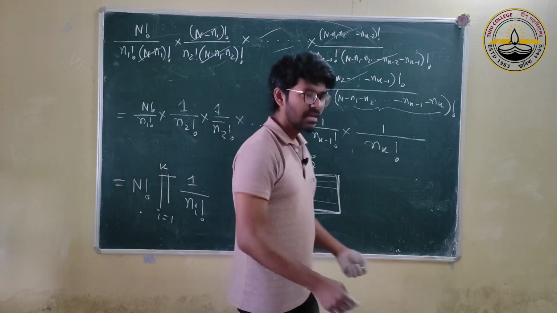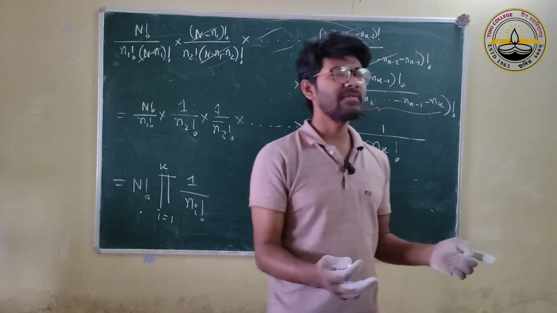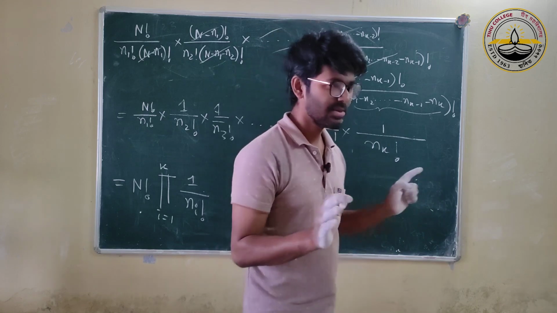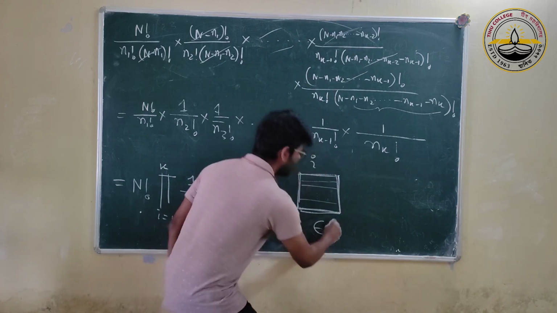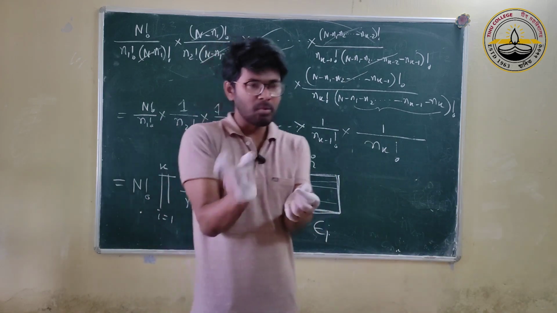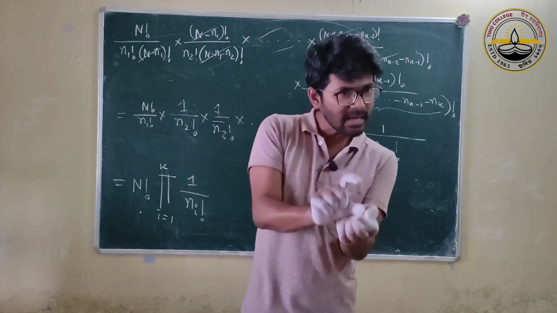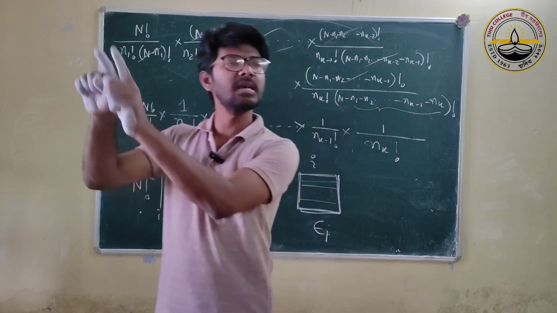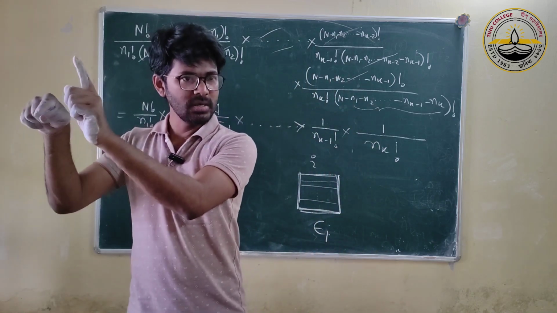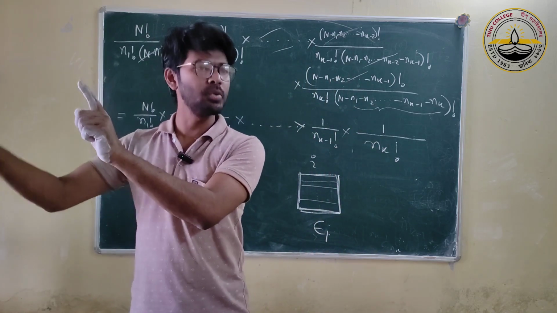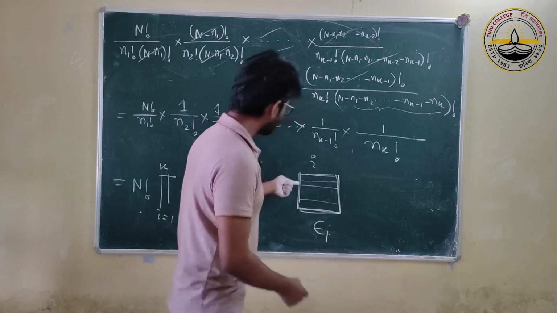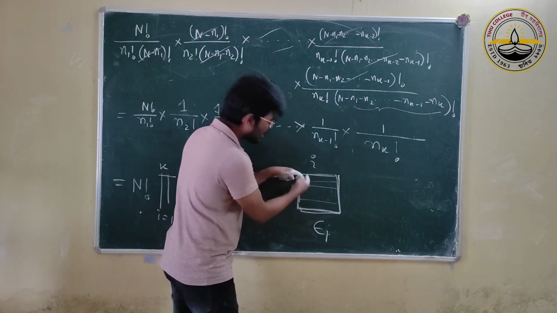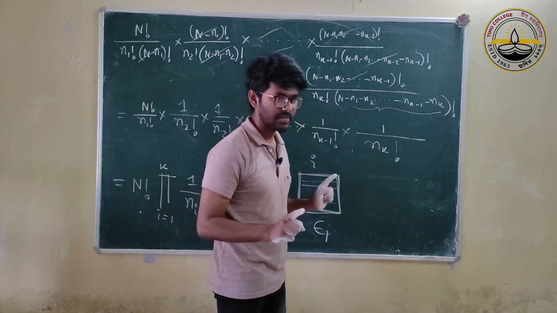If you are in this box, then you will have energy Ei. If a ball is inside the second box, then it will have an energy E2. But within that box, wherever they are, they will have the same energy.